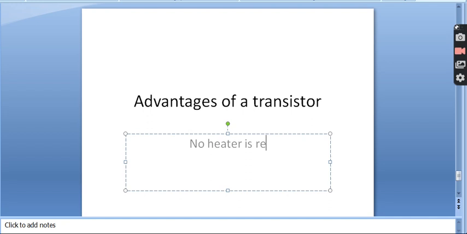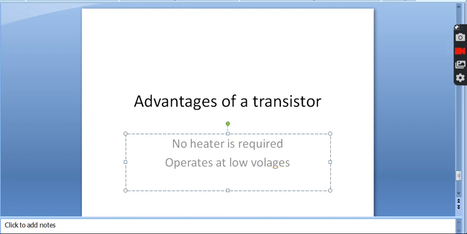The second advantage is that it operates at low voltages.